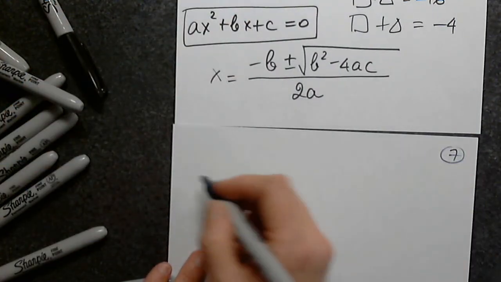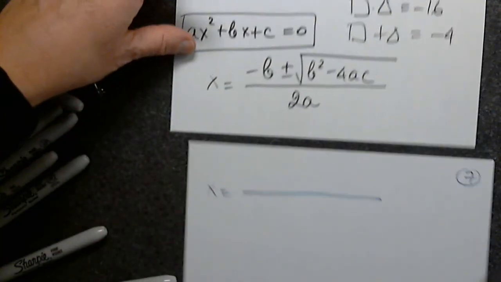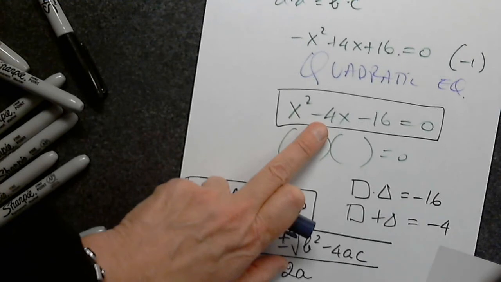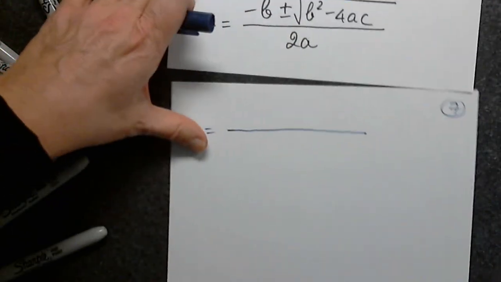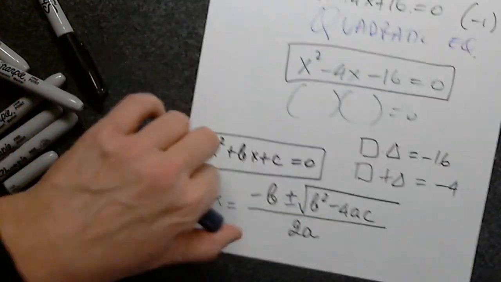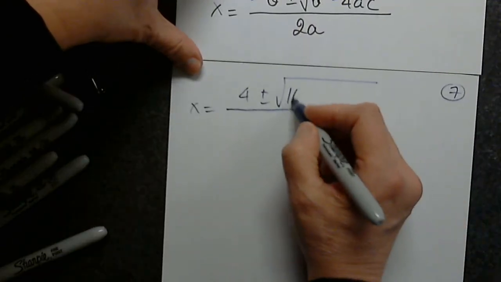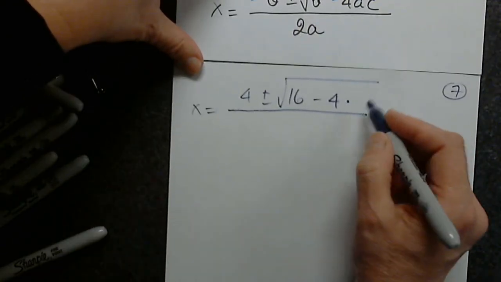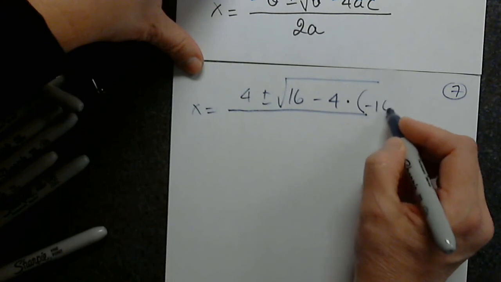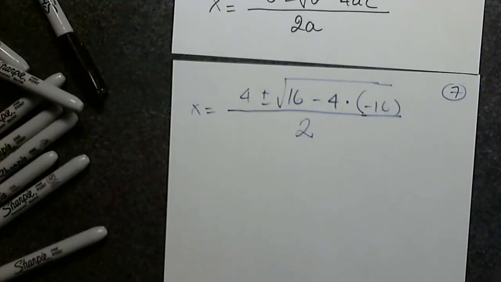So x equals, can anyone give us negative b? Negative b, it is 4 indeed, plus or minus the square root of b squared. Indeed, very good, 16, minus 4 times a, which is 1, times c, which is negative 16, divided by 2a, which is 2.